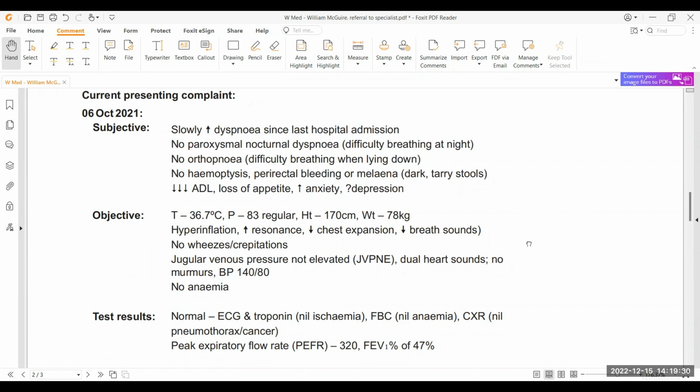This is precisely why you're writing a referral, because you need help from the specialist. Let's take a look at the subjective first. Is there anything under the subjective which will be relevant? Slowly increased dyspnea since the last hospital admission, also with decreased ADL.